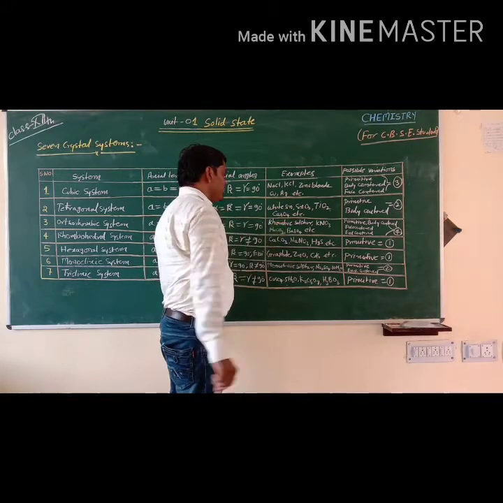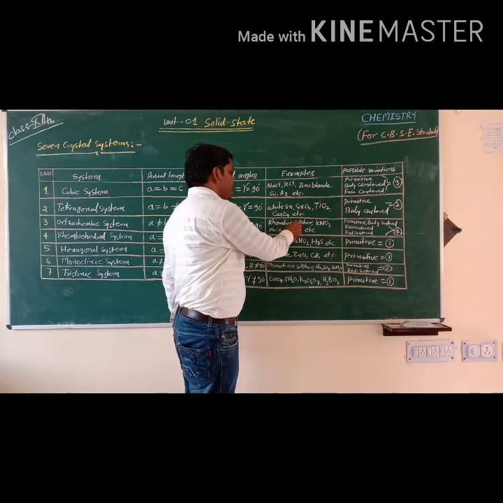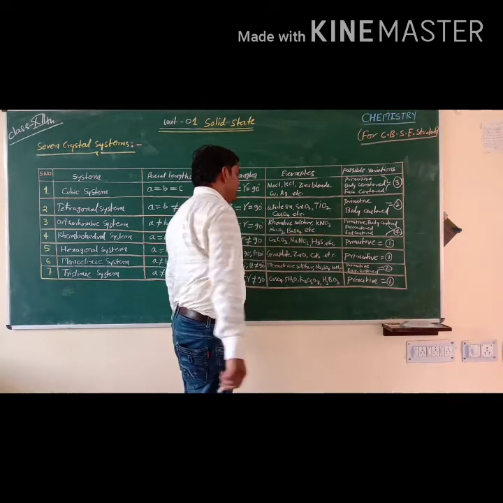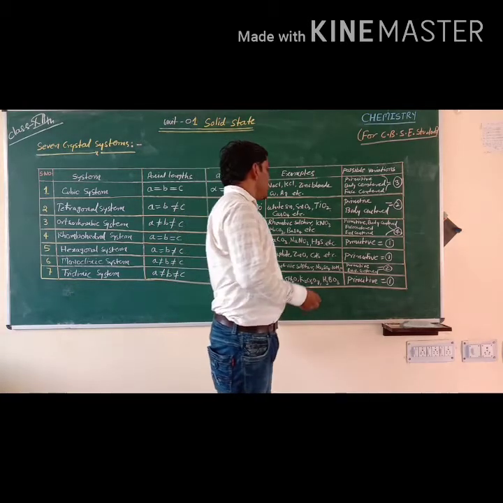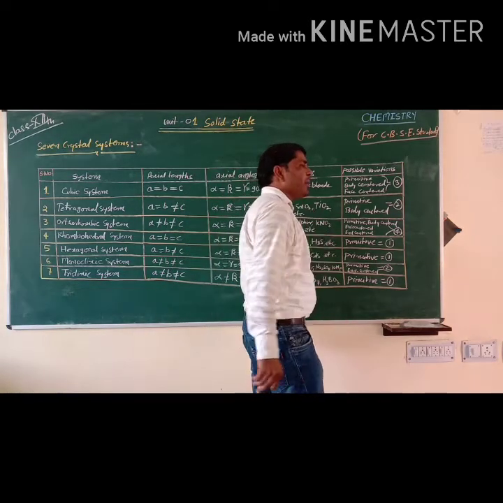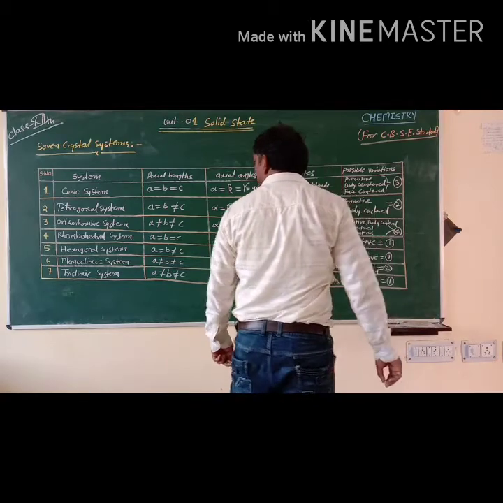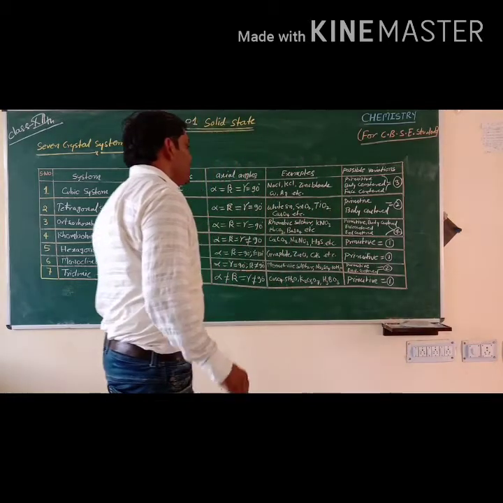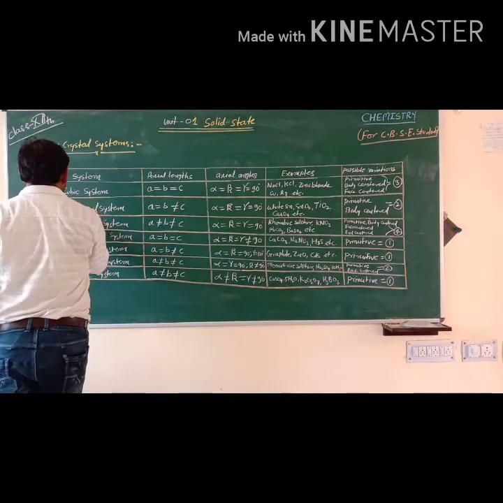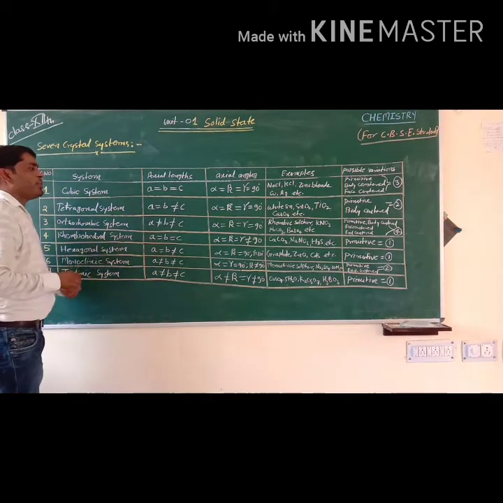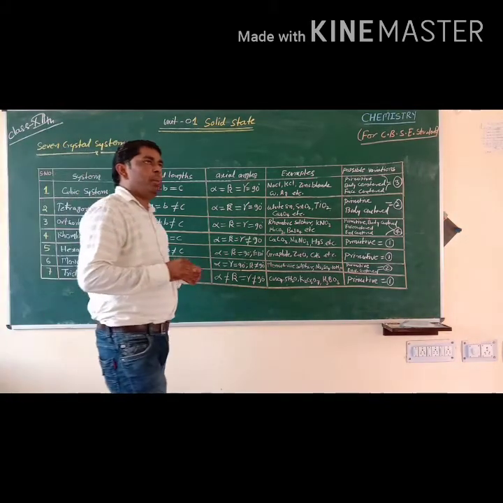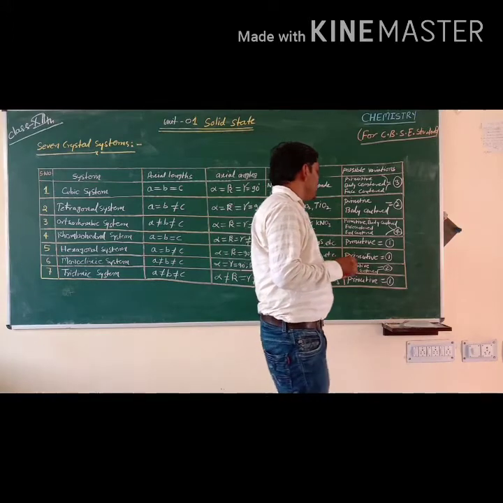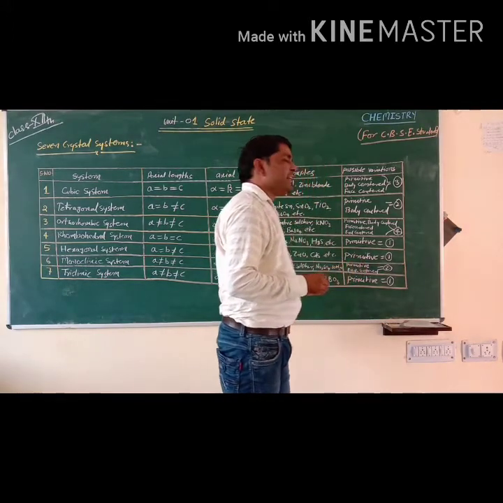Examples of this system: rhombic sulfur, potassium nitrate, lead carbonate, barium sulfate, etc. In this system, four possible variations are present: primitive, body centered, face centered, and end centered.